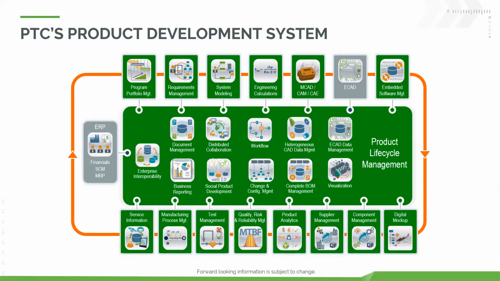You're going to do that sort of thing here. You're going to manage quality, risk analysis, and reliability information. Work with different suppliers and components, and you're going to bring all of that into the product. This is the system that's going to fully define and manage your product from the concept phase all the way down through production and really until the end of that product's life.